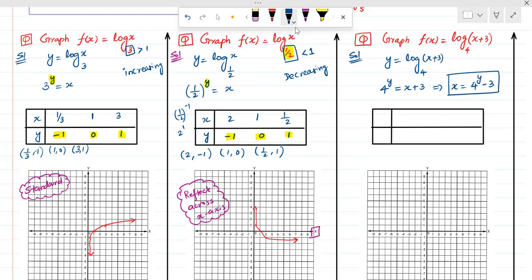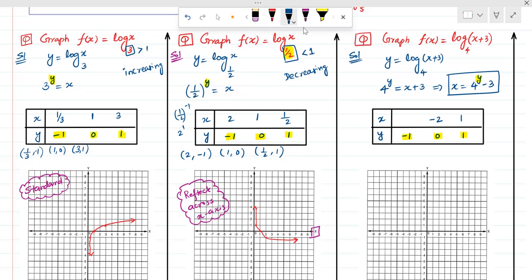Now I just substitute the x and y values. What are the x and y values here? For the y value I substitute minus 1, 0 and 1 in the function. If I substitute 0, any power 0 is 1, 1 minus 3 is minus 2. When I substitute 1, 4 to the power 1 is 4, 4 minus 3 is 1.